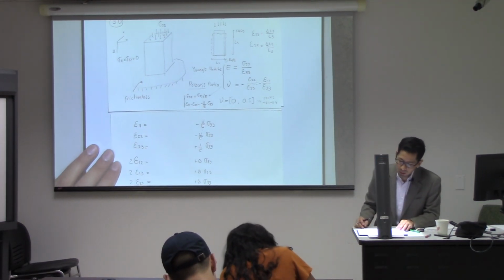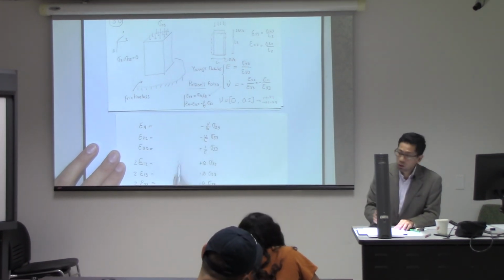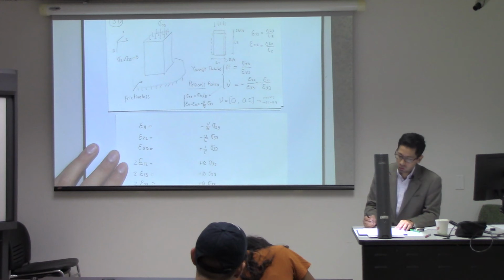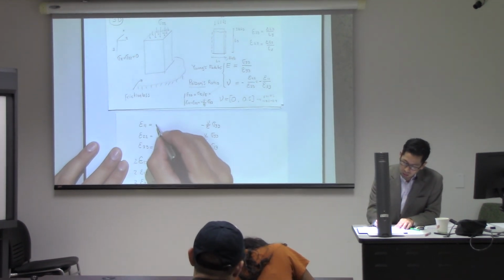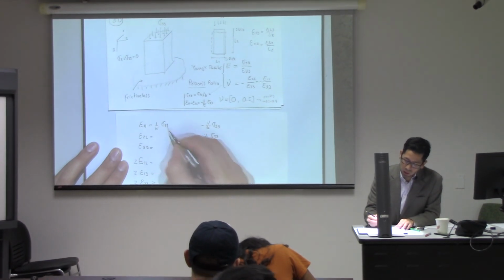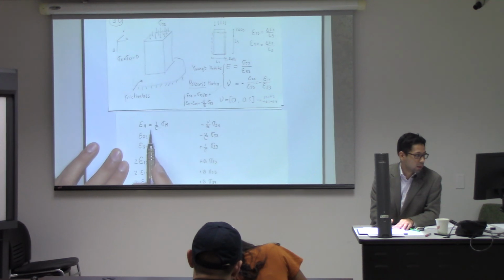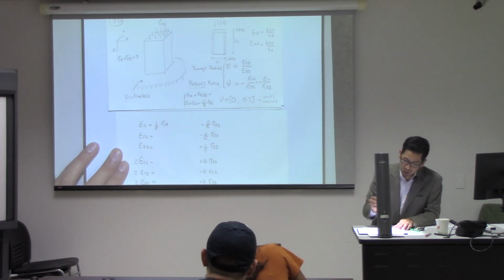You will see that here it's going to be the same equations for all the other stresses, sigma 11 and sigma 22. So here I can write 1 over E sigma 11. If I were to apply a sigma 11, I'm going to get an epsilon 11 in the same direction, so this is going to be positive.